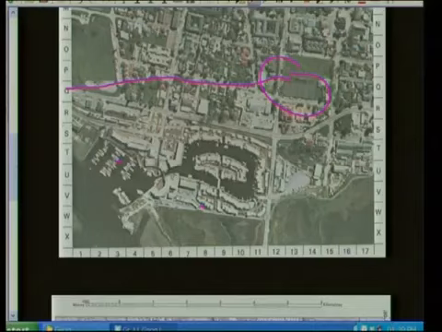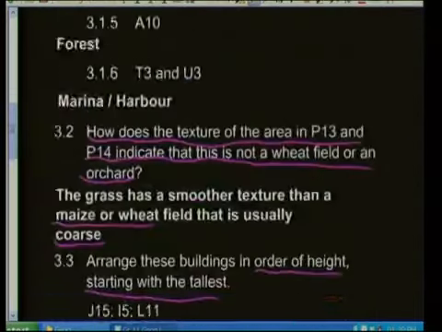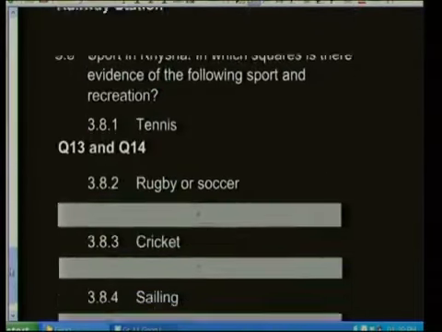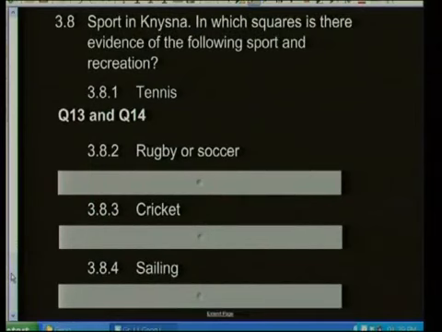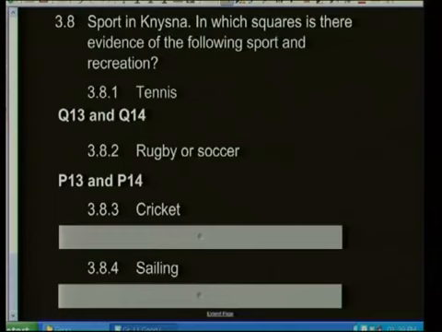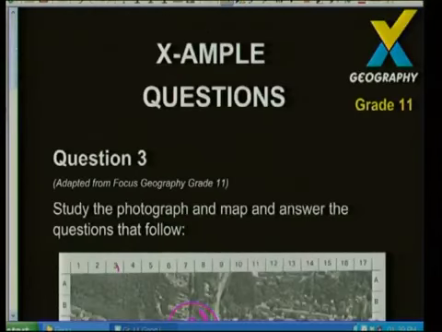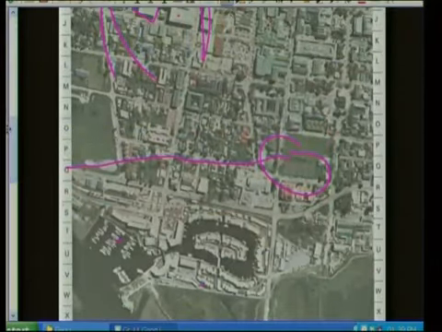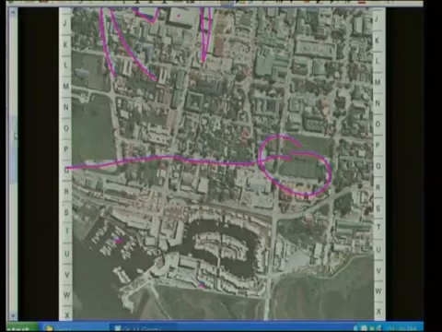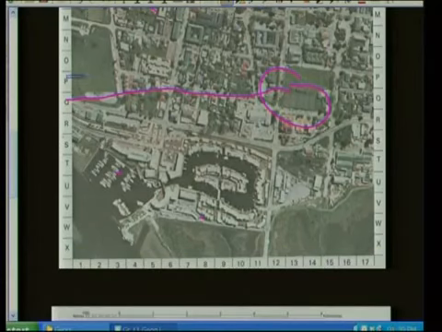Okay, let's look at the next one. Rugby and soccer, rugby or soccer. P13 and P14. Let's look at it here. And we're talking about this little area here.